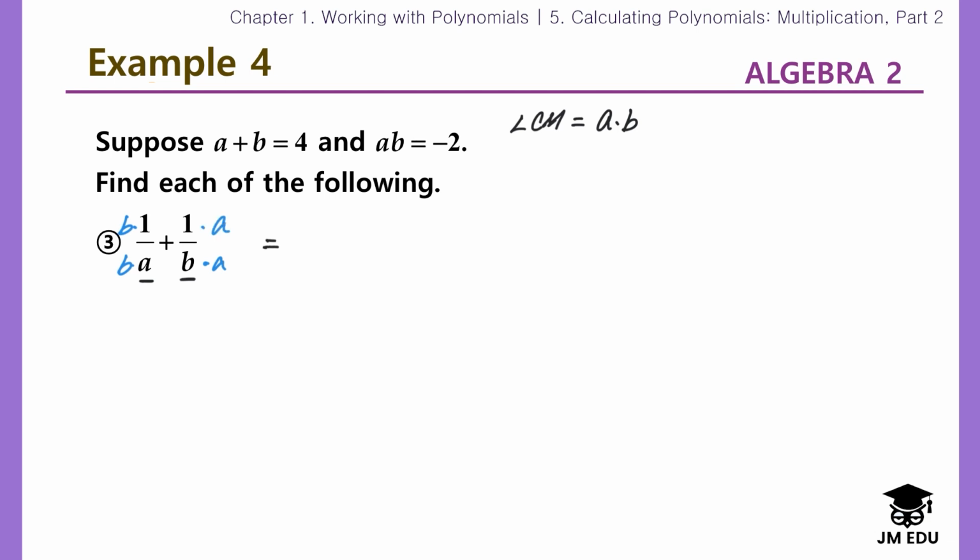So that's going to be equal to b plus a over the common denominator ab, right? Here, a plus b or b plus a is equal to 4. So 4 over a times b, that's minus 2, right? Minus 2 in the denominator. So that's going to be what? Minus 2.